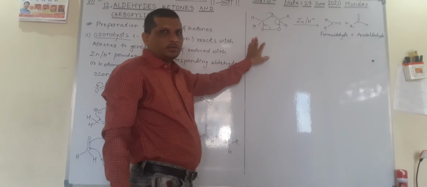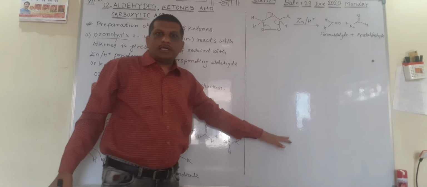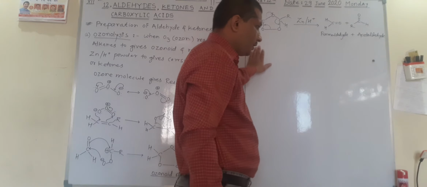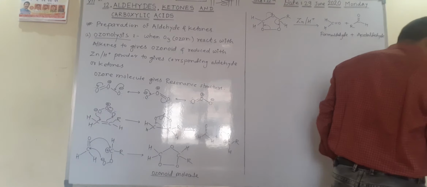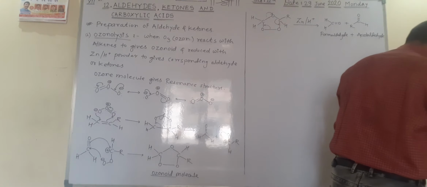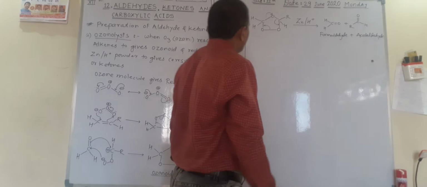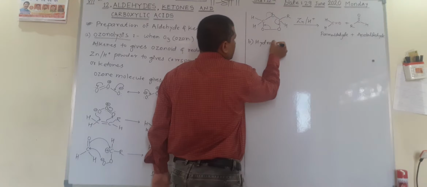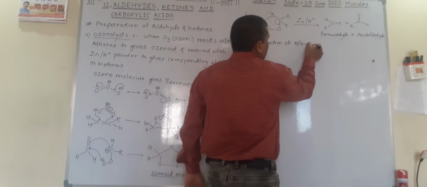Now the next reaction to obtain an aldehyde or ketone we can show here: the hydration of alkynes.